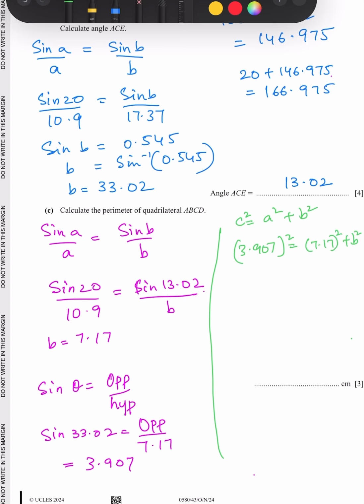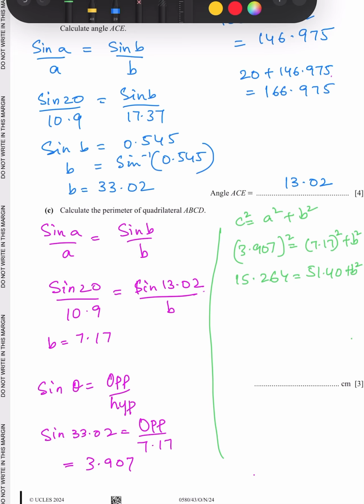So 3.907 square is 15.264, equal to 7.17 square, 51.40, plus b square.